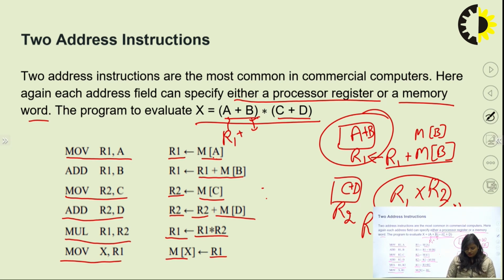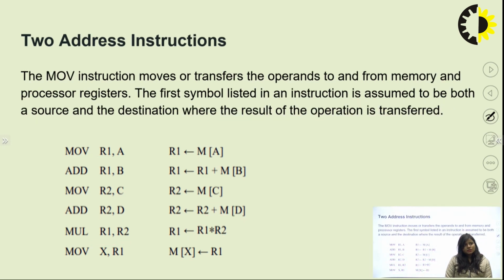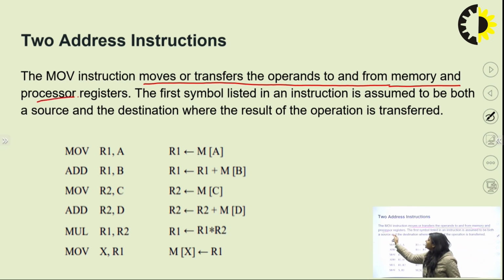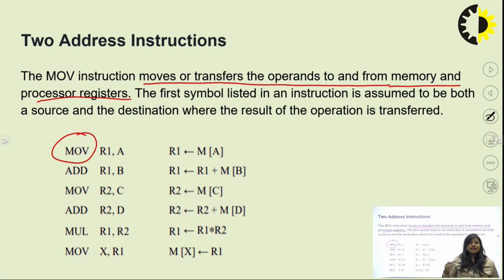In detail, if we discuss this, the move instruction moves or transfers the operand to and from memory and processor register. What is this move doing? It is just transferring the data of a location into a register.